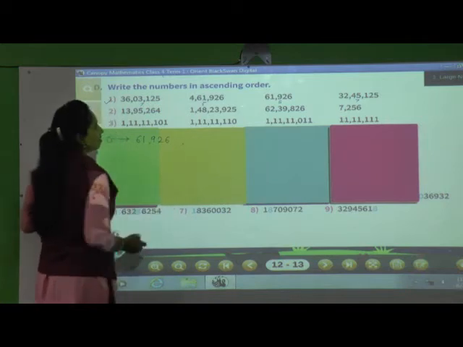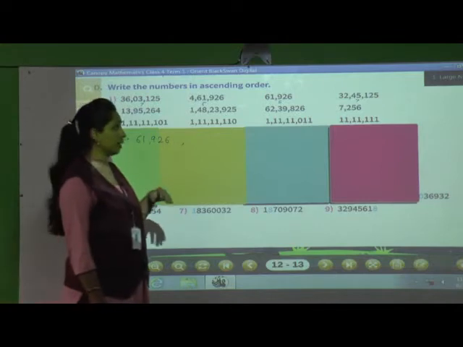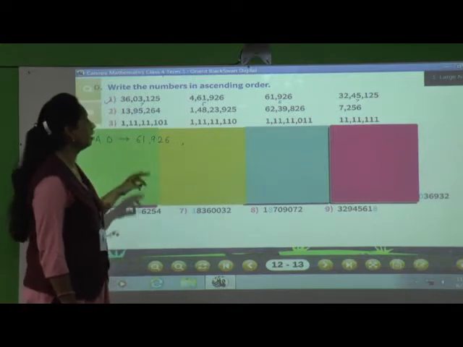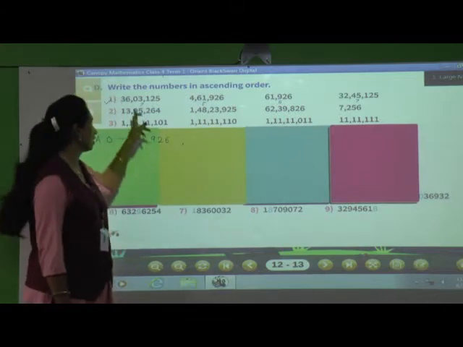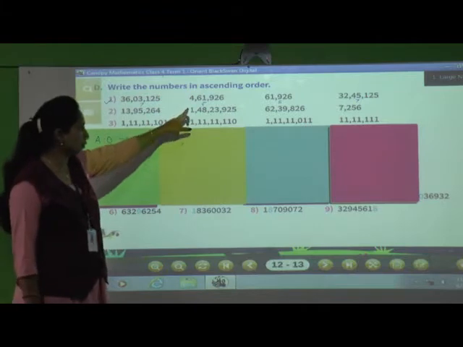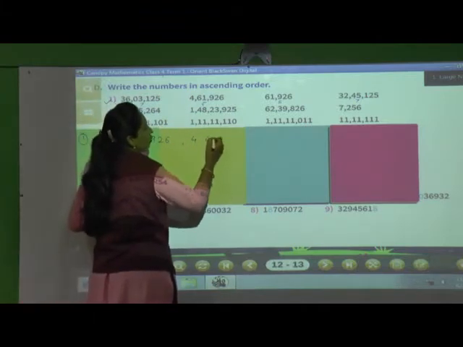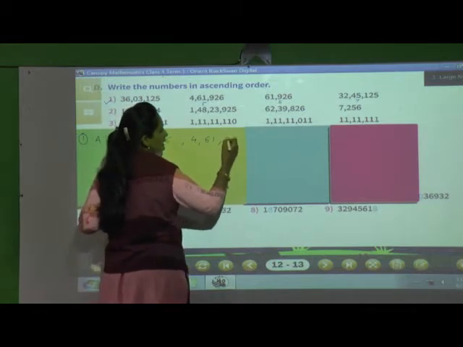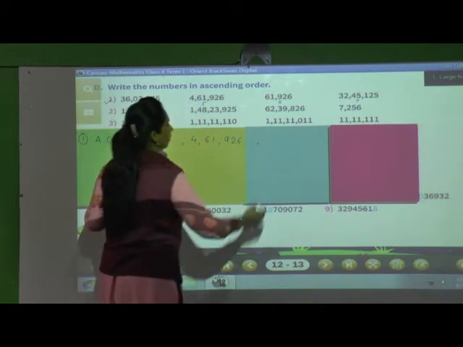Leave enough space between two numbers when you are writing numbers in ascending order. Now after the 5-digit number comes the 6-digit number, because 7-digit is greater than 6-digit. So I will write 4,61,926, again giving the comma.